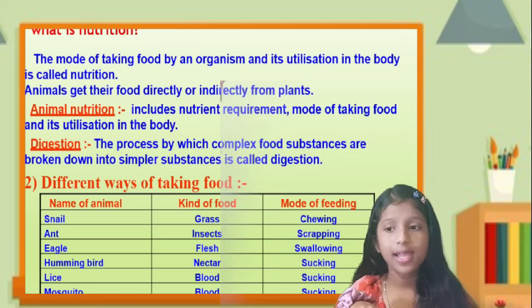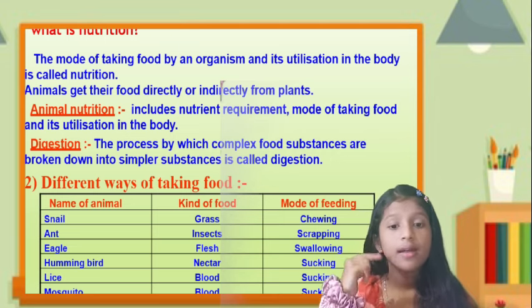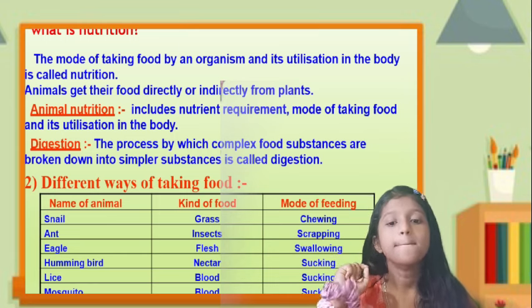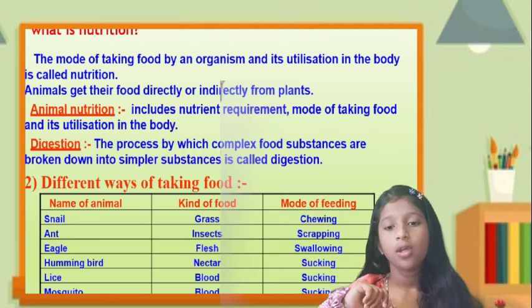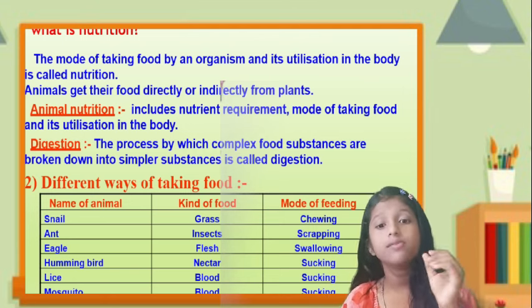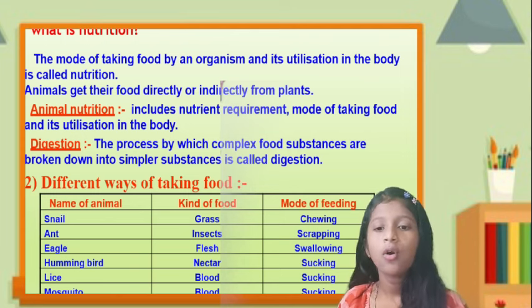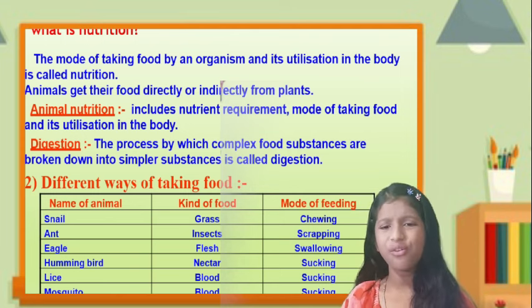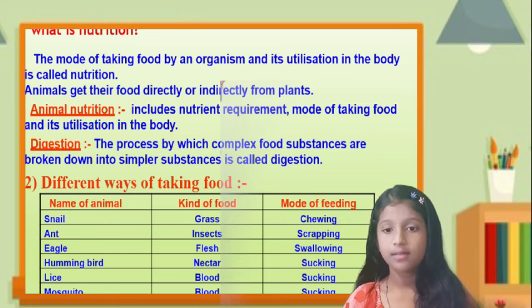Now there is a snail, ant, eagle, hummingbird, lice, mosquito, butterfly, housefly. These are animals we know commonly. I took random names of animals. Kind of food means what does it eat?